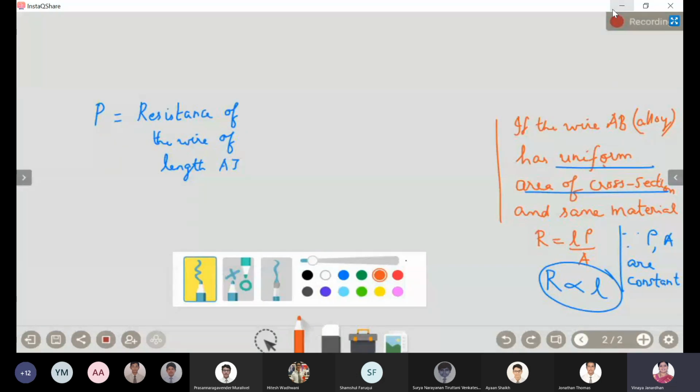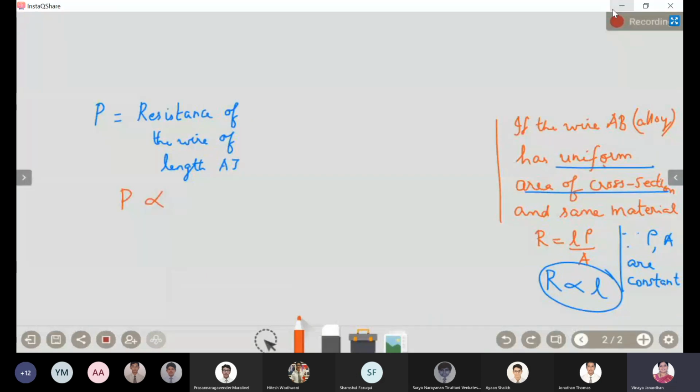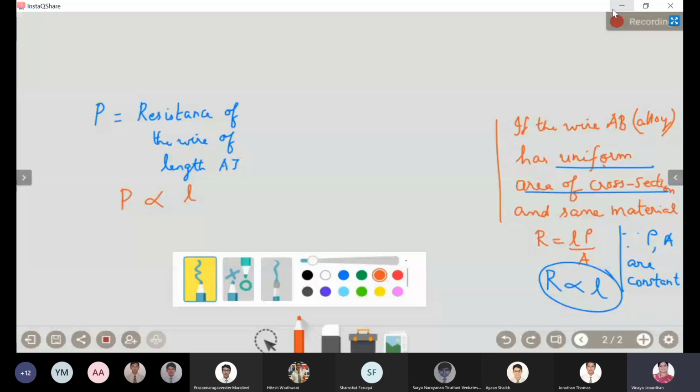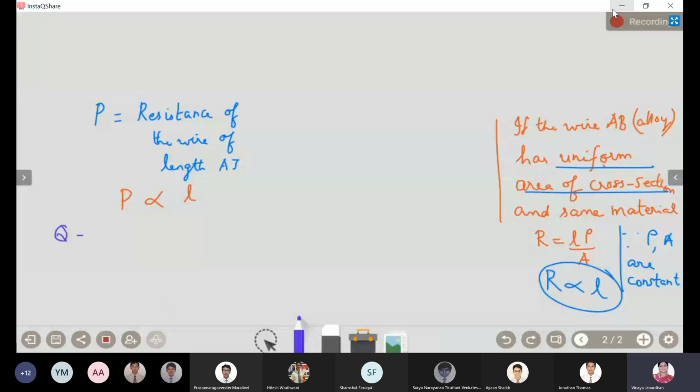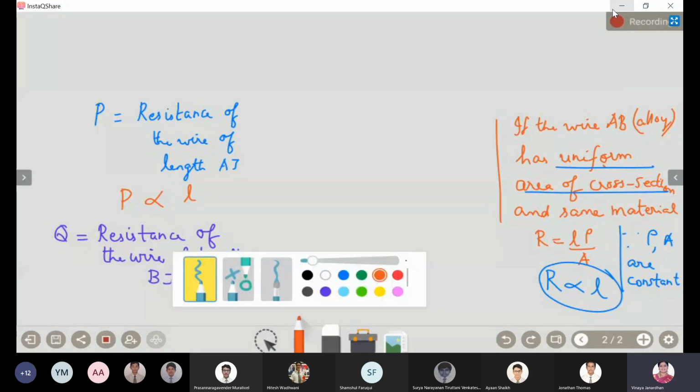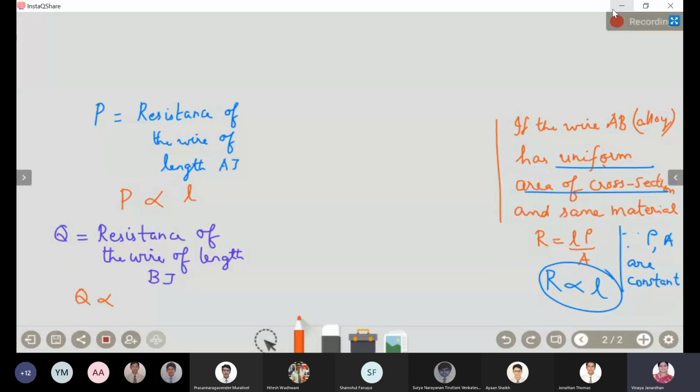So P is equal to the resistance of the wire of length AJ, so P is proportional to the length AJ, which is L. Same way, Q is the resistance of the wire of length BJ, so Q is proportional to 100 minus L.